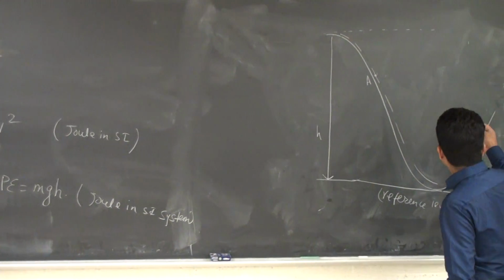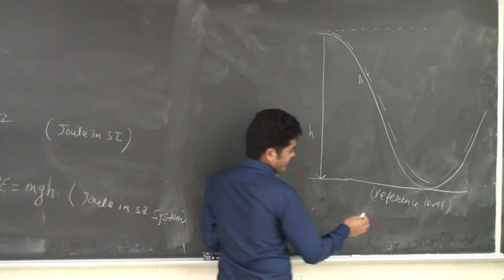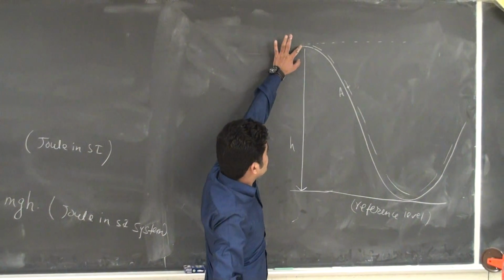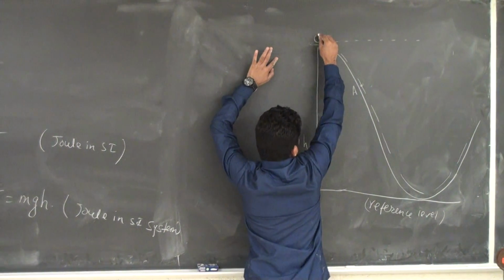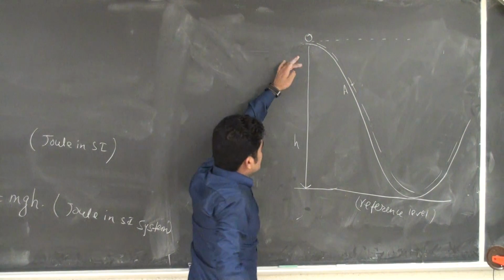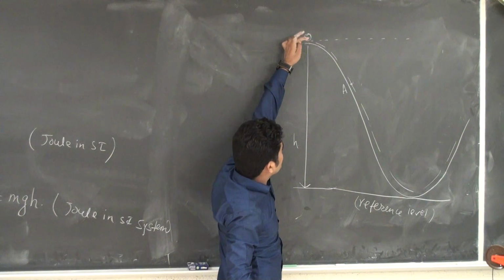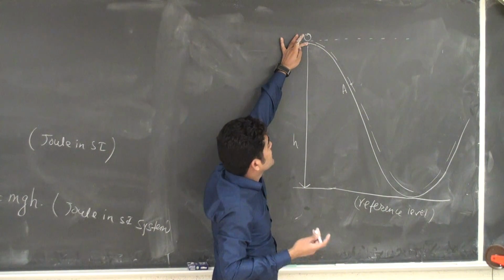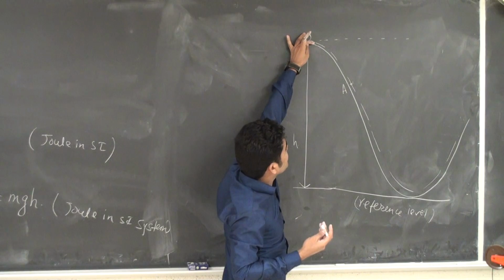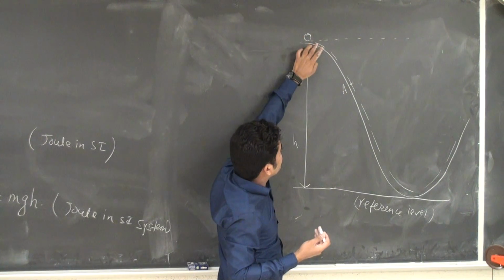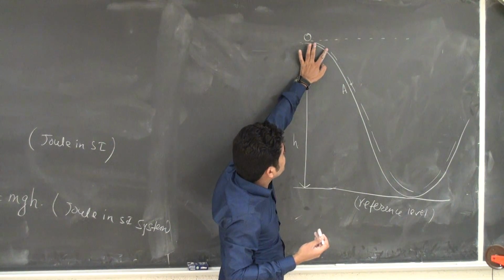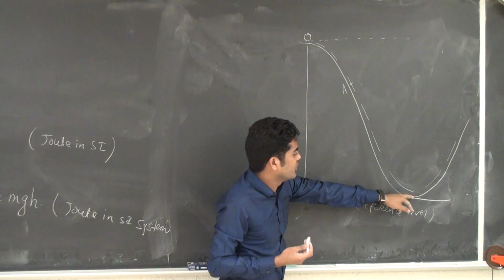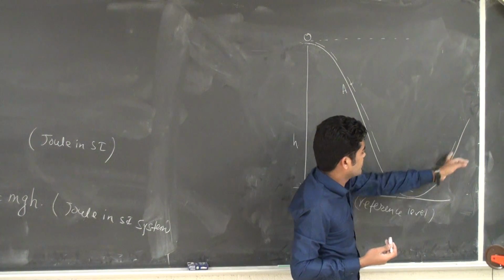This is the roller coaster, and we are considering the reference level. This is the reference level, and this is the height. This is the point, let's say point O. Before the object moves, the velocity of the object at point O is 0, right? When the object moves, it slowly gains velocity. We can see that from the blinkers: the length of the blinkers is smaller here, then a little bit larger, and it increases up to this point, and then decreases again from this point.